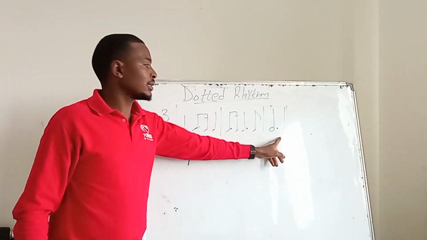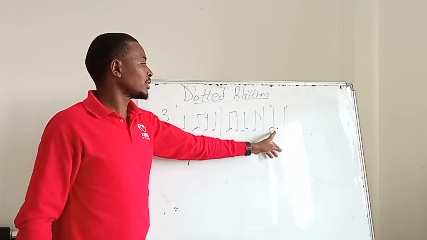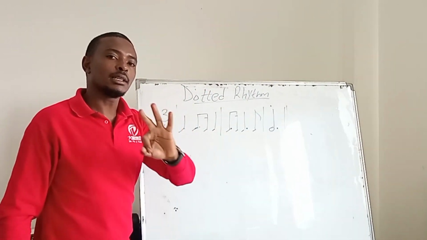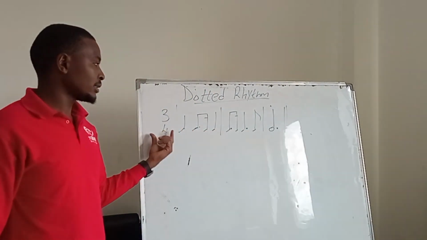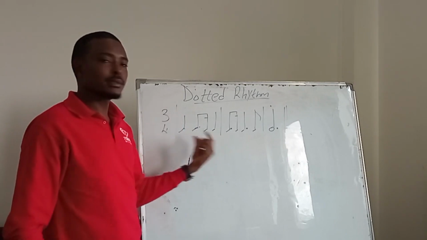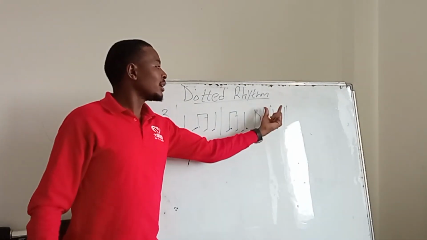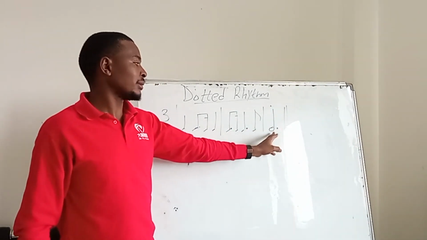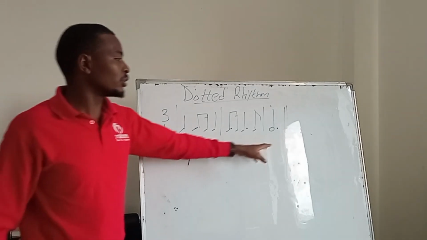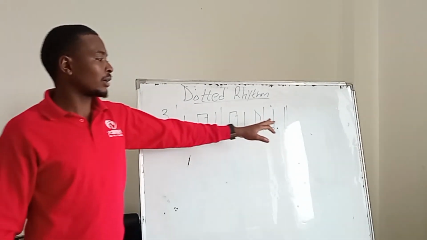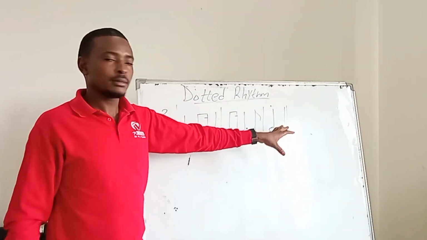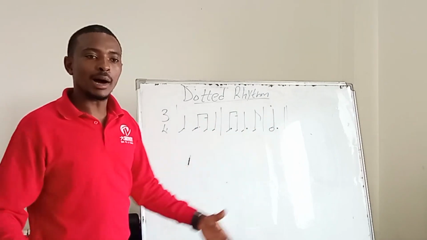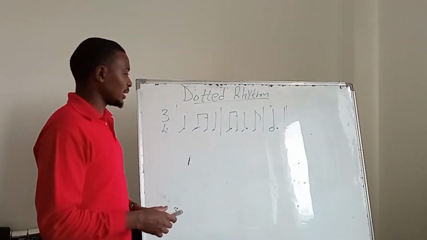A minim plus half of it is just 3 crochets, which corresponds to our time signature. So in one bar, you have a dotted minim. In 3/4 time, you don't need to write anything else. A dotted minim is just one full bar in 3/4 time signature.